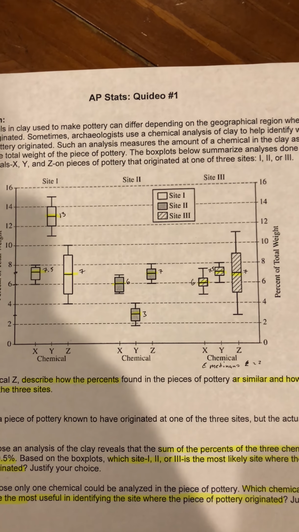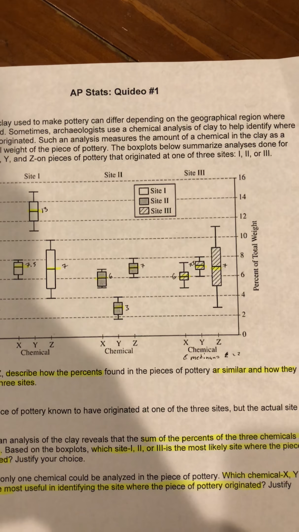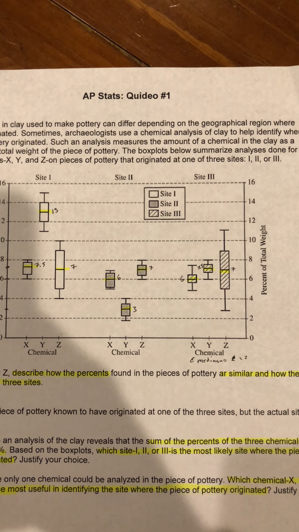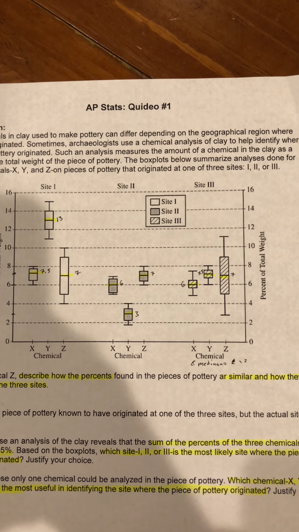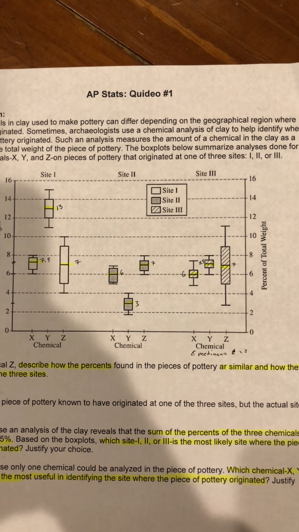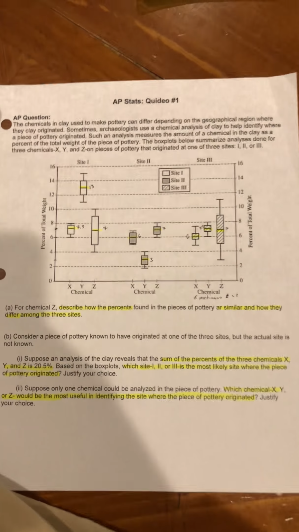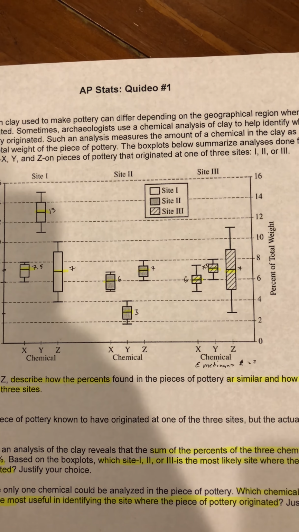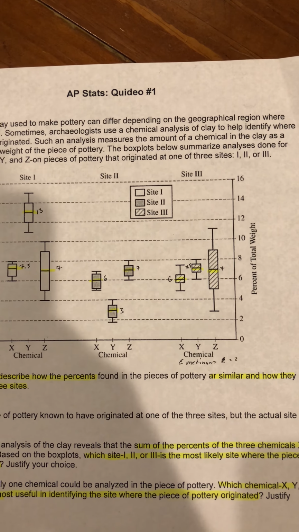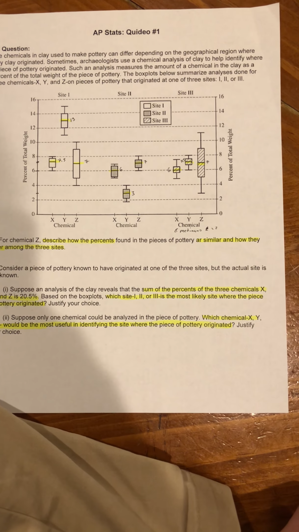Then if we look at the minimum and maximum of all 3 sites for chemical Z, we notice that site 1 has a minimum at 4 and a maximum of 10, site 2 has a minimum of 6 and a maximum of 8, and site 3 has a minimum at 3 and a maximum at about 11. So that's about all the differences that we can see looking at the spread and the center of the box plots. So now let's look at question B.